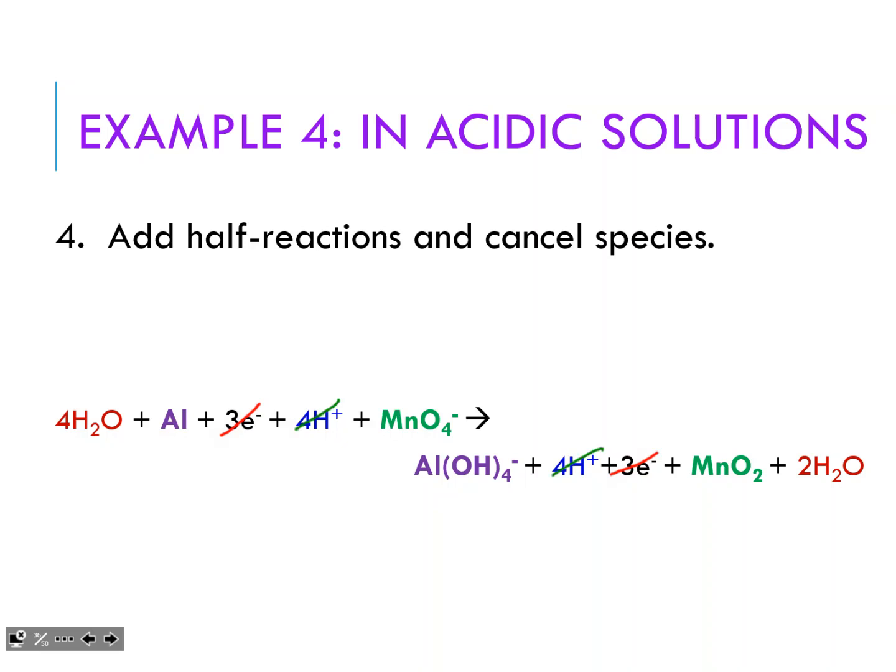And last but not least, what else do we need to cancel out? Over here on the product side, we have 2 waters. On the reactant side, we have 4. So the 2 waters on the product side completely disappear and go away. But that means we take away 2 from our original 4, and that cancels down to only 2 on this side.